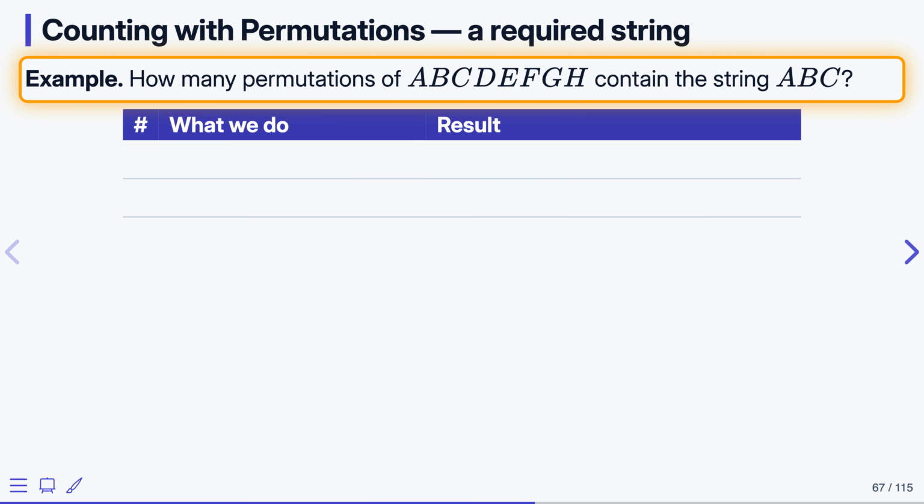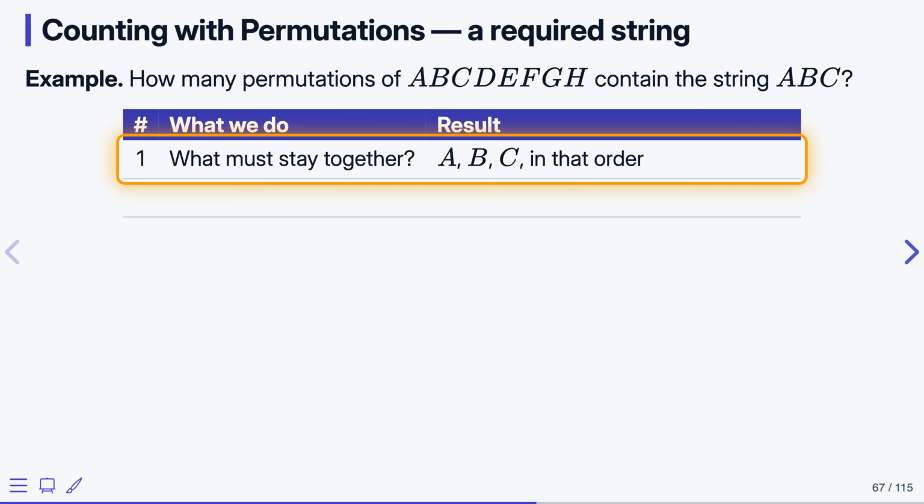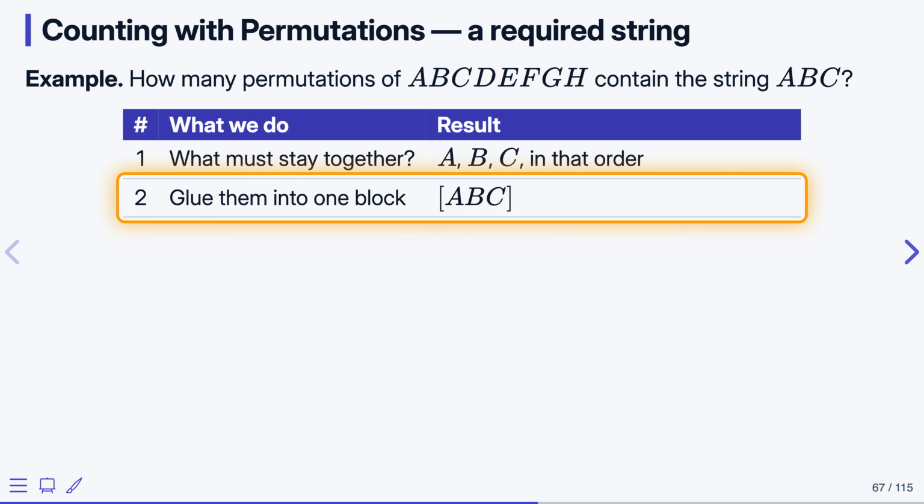Now a useful trick. How many permutations of the letters A through H contain the block ABC? Step 1. Ask what must stay together. The letters A, B, and C must appear side by side in that order. Step 2. Glue them into a single block. Treat ABC as one object that cannot be broken up.